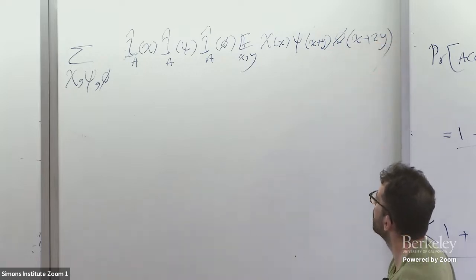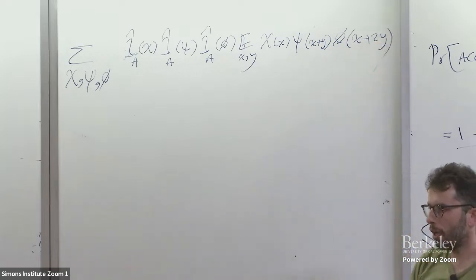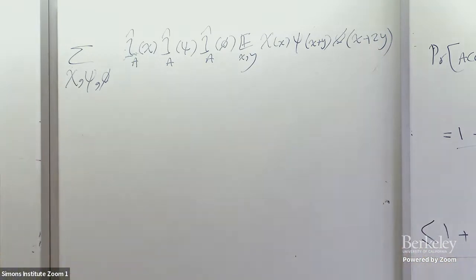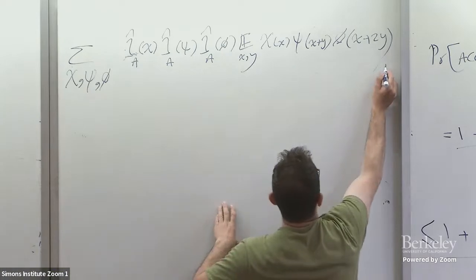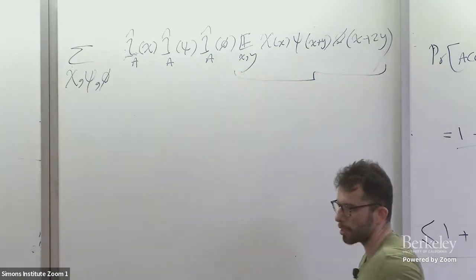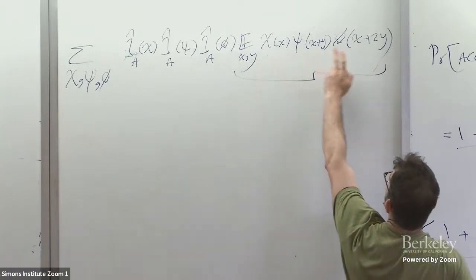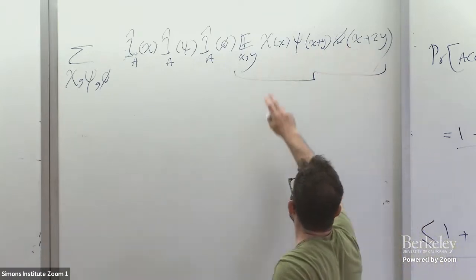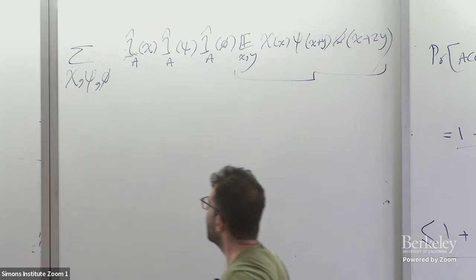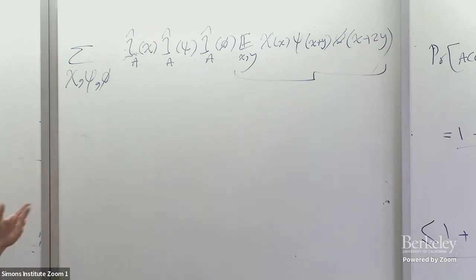Now again, very similar to what we had before. We have to look at these expected values for different triples of characters, chi, psi, and phi. So when is that? Let's try to understand that expected value.